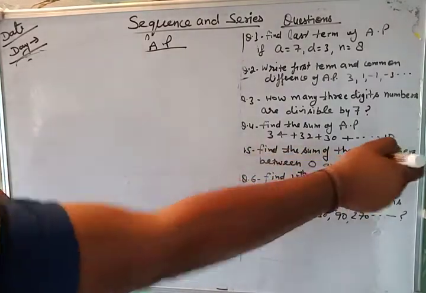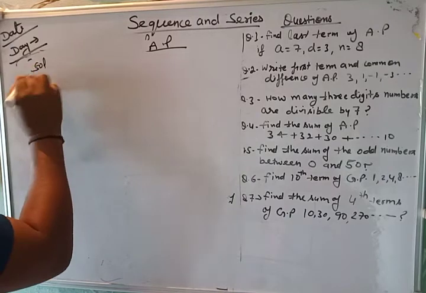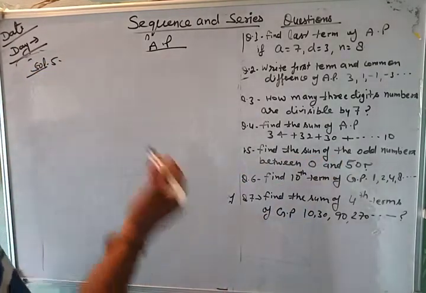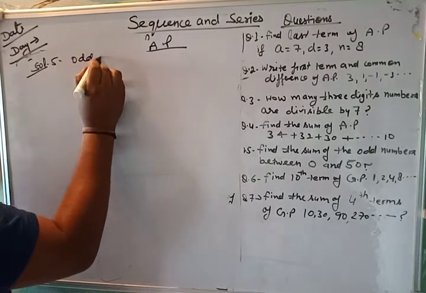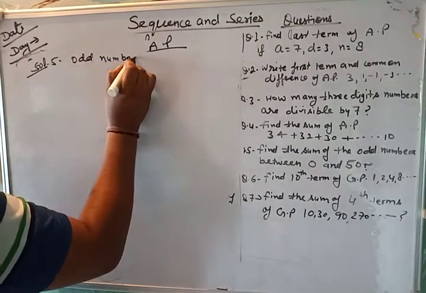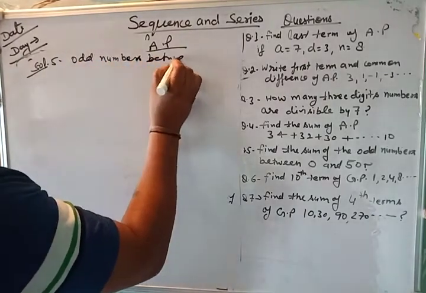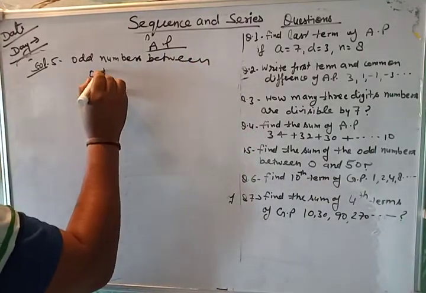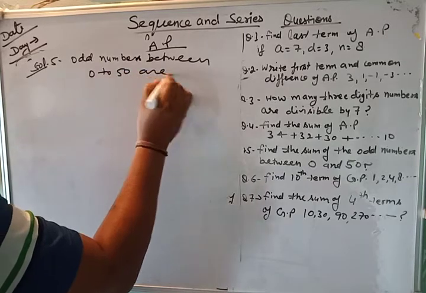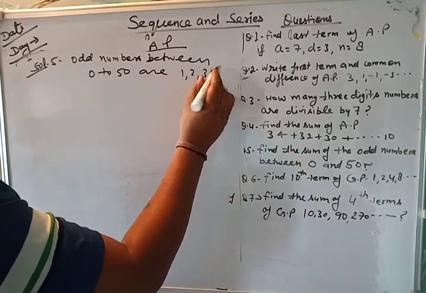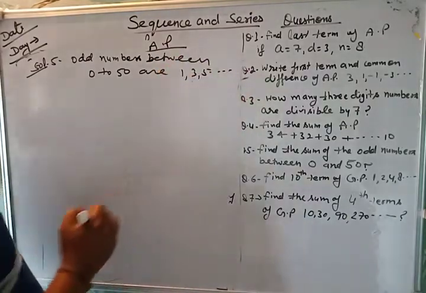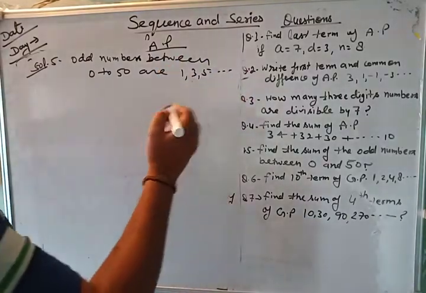Yes, what question is it? Solution of 5. Question number 5: find the sum of the odd numbers. So firstly we write the odd numbers between 0 to 50: 1, 3, 5, and so on. So then the last number is 49.